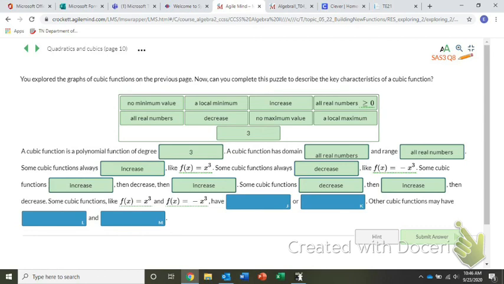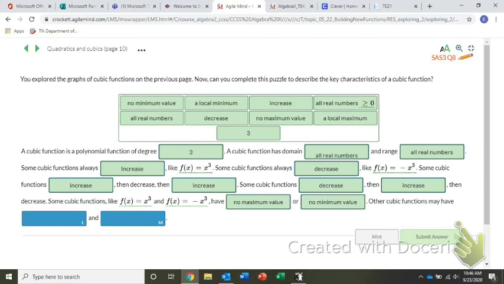Some cubic functions, like x cubed and negative x cubed, have no min and no max value, which is what I just said. Remember, I drew the graph and I said there's no min or max values.